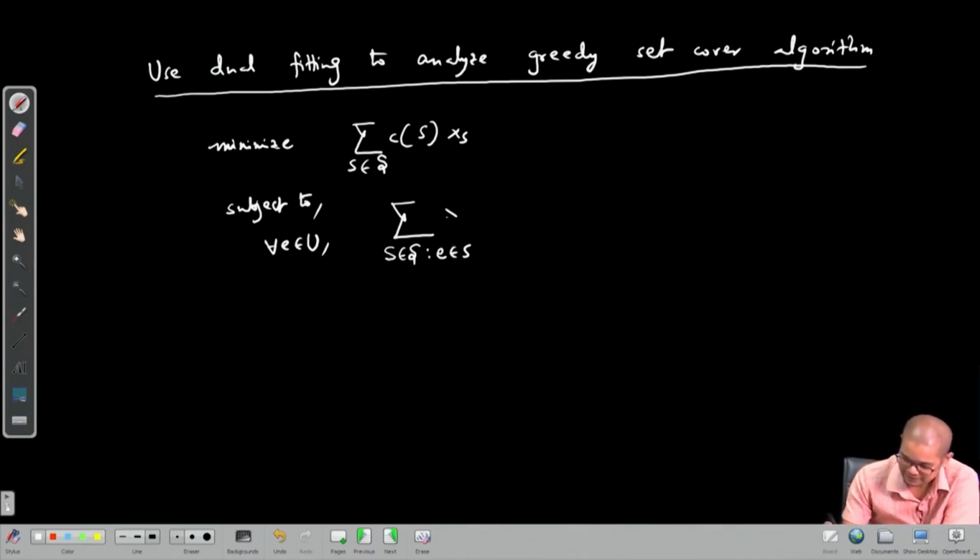So, the sum of xs over S such that E belongs to S is greater than or equal to 1, for all E. And xs takes value in 0, 1. Okay. So, this is the ILP formulation.